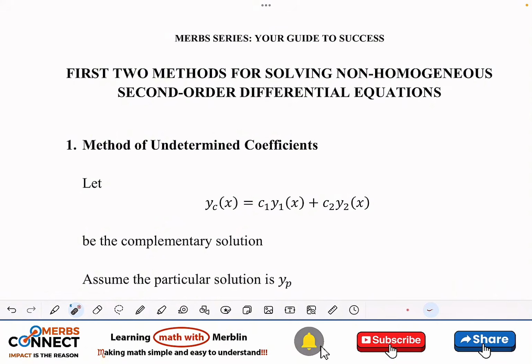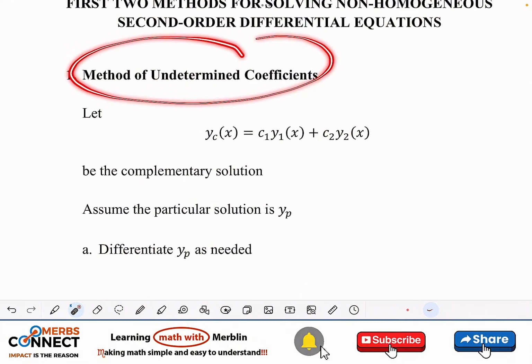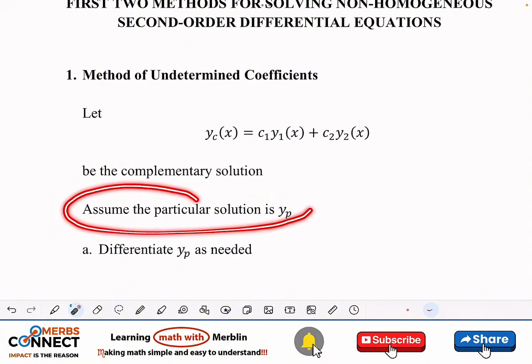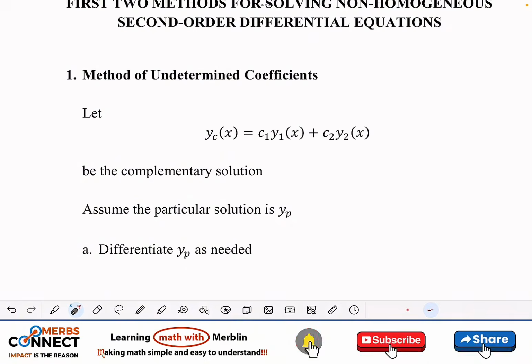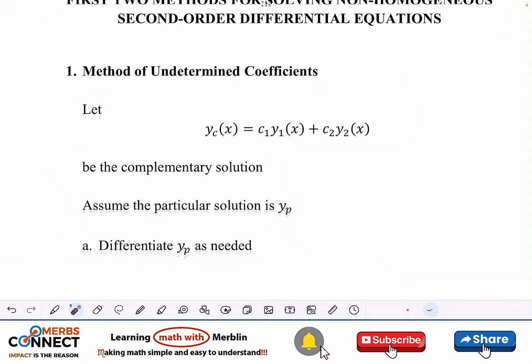It's very simple, and I'm going to show you the process. After we have gotten the complementary solution, the method of undetermined coefficients will help us find the particular solution.